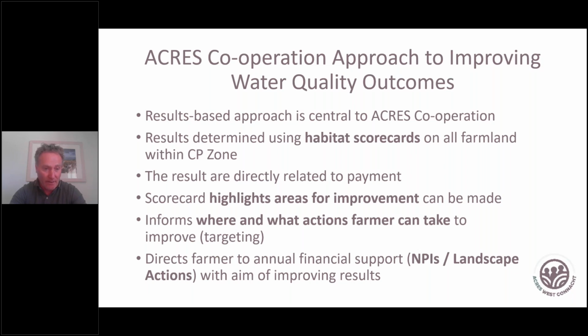It also directs the farmer to annual financial support through NPIs and landscape actions. Where the farmer is falling down on water quality risks, there are NPIs and landscape actions that the project team can approve subject to them being put in, and their aim is to improve water quality. That's another function of the scorecard: to highlight where these improvements or actions might be needed.